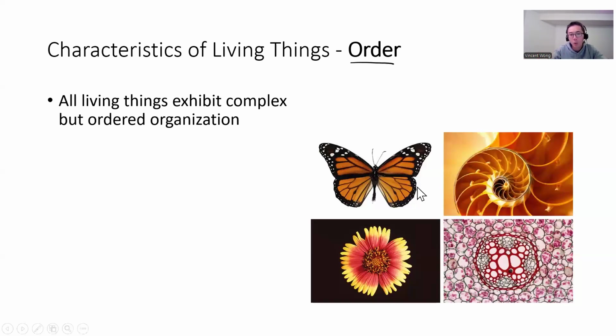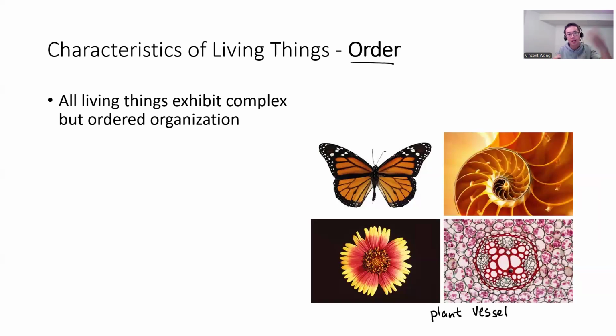Okay, and that order, that complexity, is not just something that exists on the surface. If you look into the cellular structure of living things, that complexity, that order is actually preserved. The bottom right here, this is like a vessel, a plant vessel.